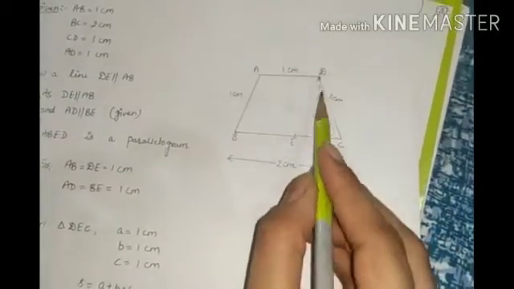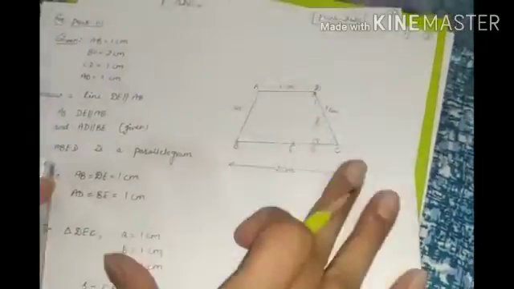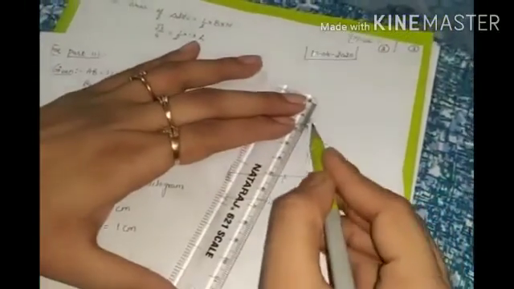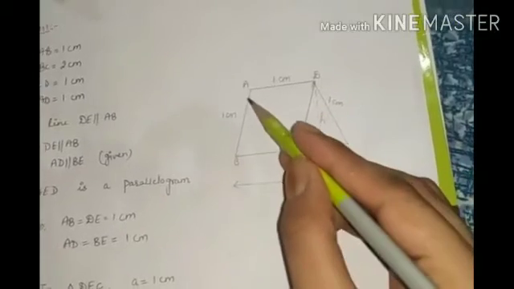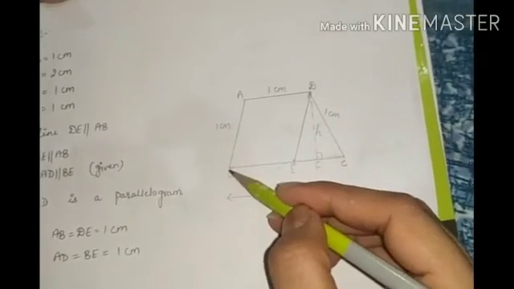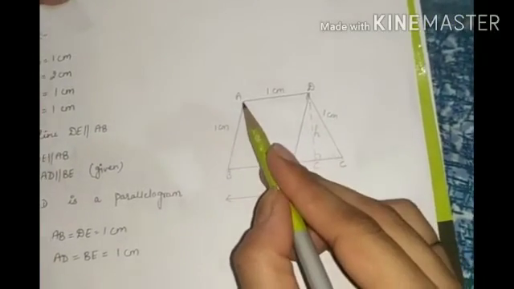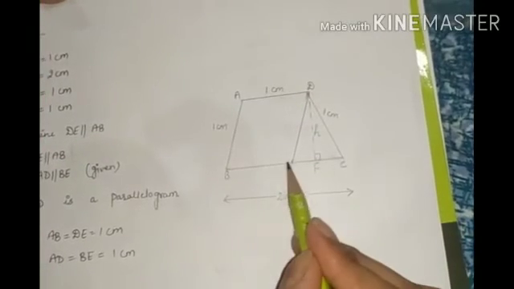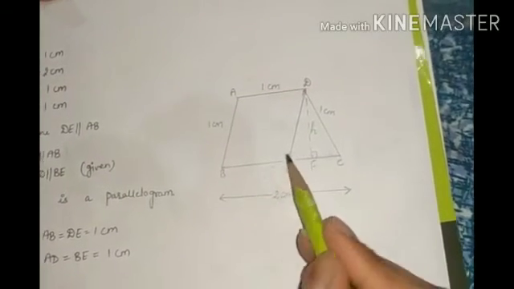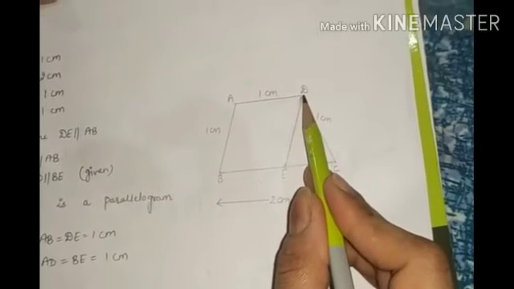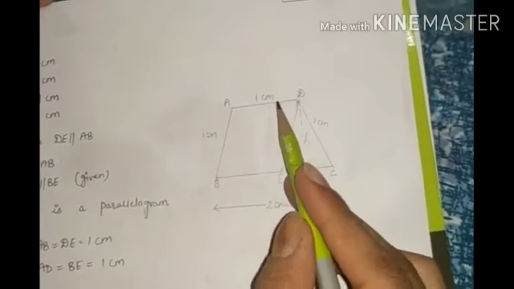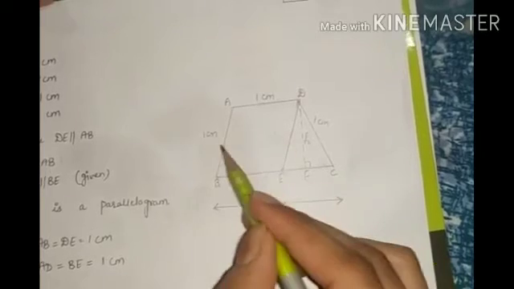So to find the height of this trapezium, we will draw a line DE. Now DE is parallel to AB by construction and AD is parallel to BE, that is given. Now ABED is a parallelogram because in this opposite sides are parallel.